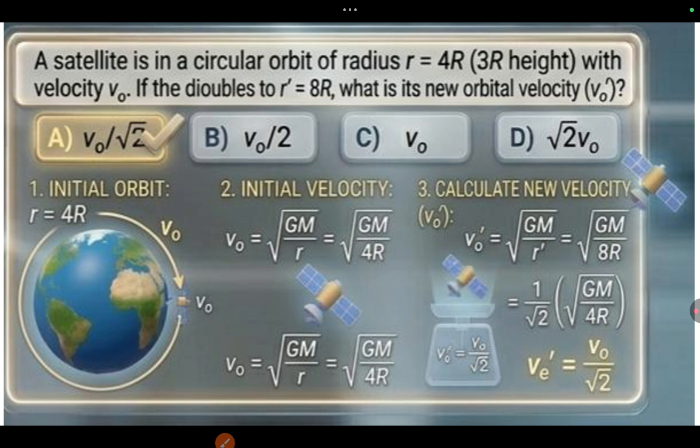So here, first of all, the initial orbital velocity, for the radius given. The initial velocity formula we know very well.